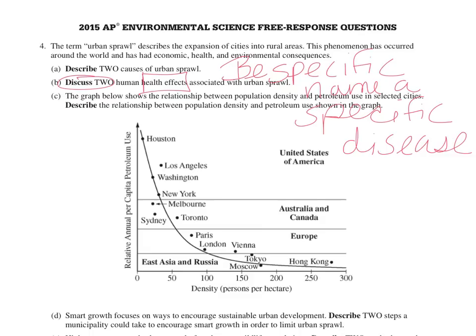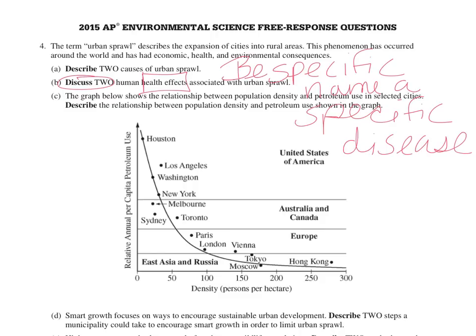Again, most years they will have a health effects question. So please name a specific disease. Another thing that kids forgot to do was to have a cause and effect. So they said driving more causes disease.